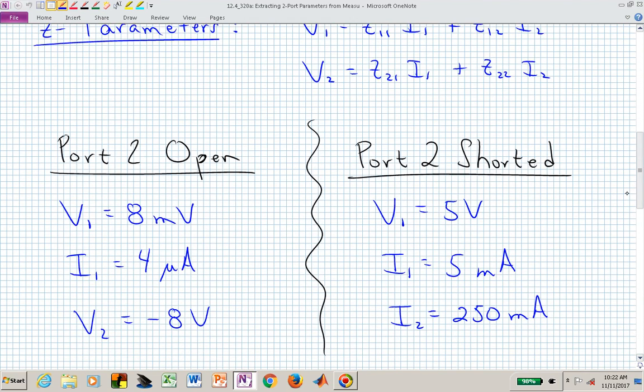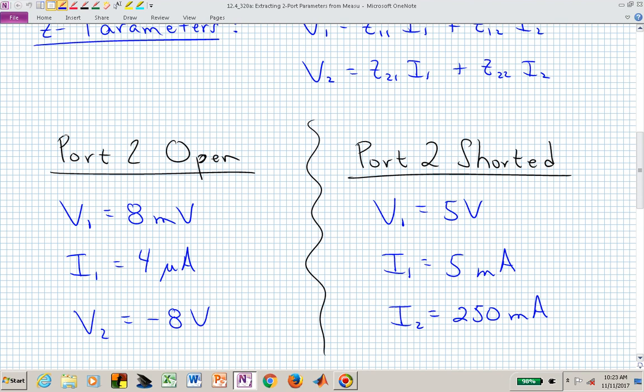Suppose that we now have this complicated circuit, and we take 2 sets of measurements. One set, we just leave the output port, or port 2, open circuited. We don't connect anything to the output port, and we measure V sub 1 is 8 millivolts, and these have to be consistent with our definitions associated with the 2-port.